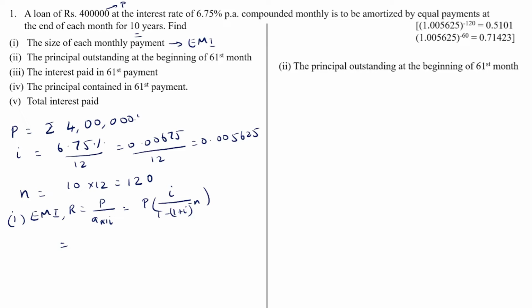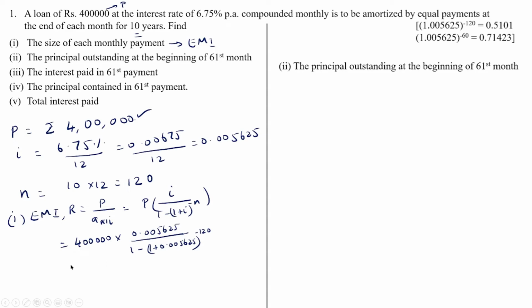So here P is 4 lakhs into I is 0.005625 upon 1 minus (1 plus 0.005625) the whole raised to minus 120. N is 120.